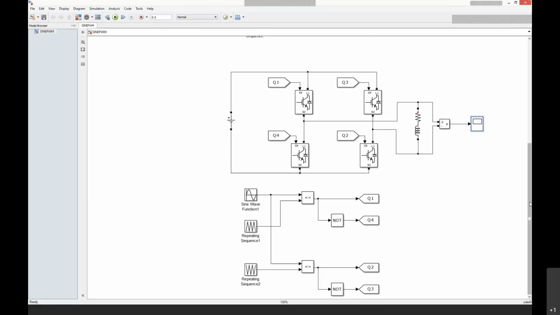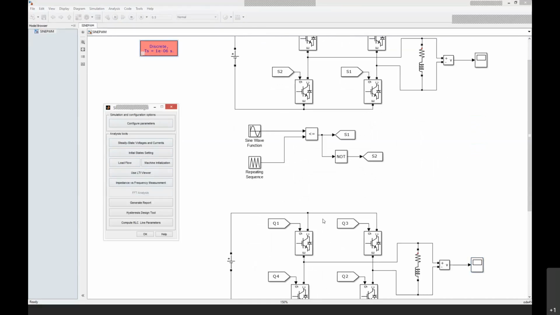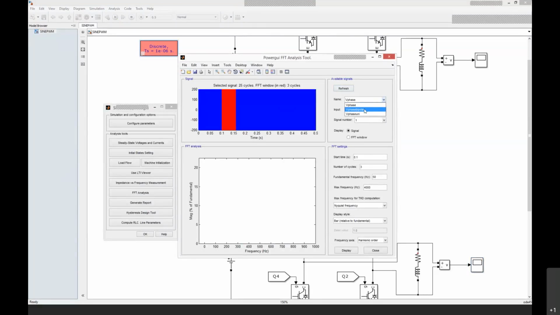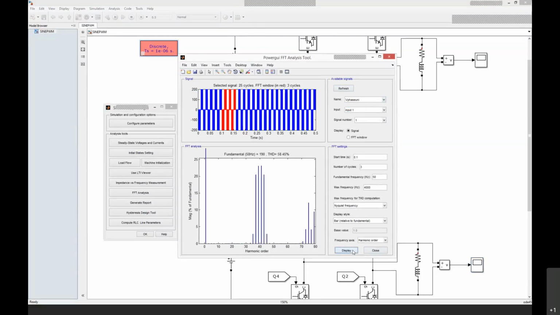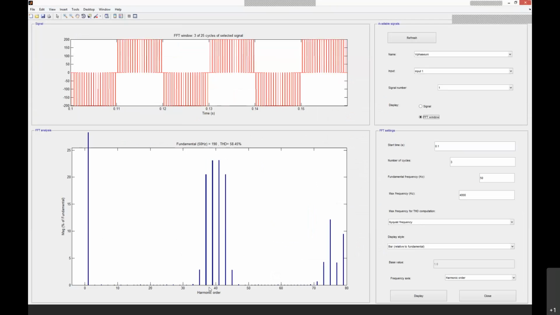So you can also hit the harmonic analysis. This is the earlier case, that is what we used with bipolar and unipolar. So this is the unipolar case, the same frequency, 1000 Hz. Here you can see that the harmonics are appearing at 2mf plus or minus 1, plus or minus 3, and plus or minus 5.